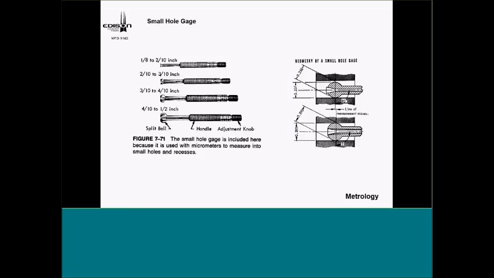And then small hole gauges. We have various sets. I do have various parts out there that have a small hole, and the only way they're going to be able to give me that tolerance is by using these gauges, how to use those. And again, I'll ask, is this a direct or indirect measurement? And again, it's an indirect measurement. They come in various sizes and ranges.